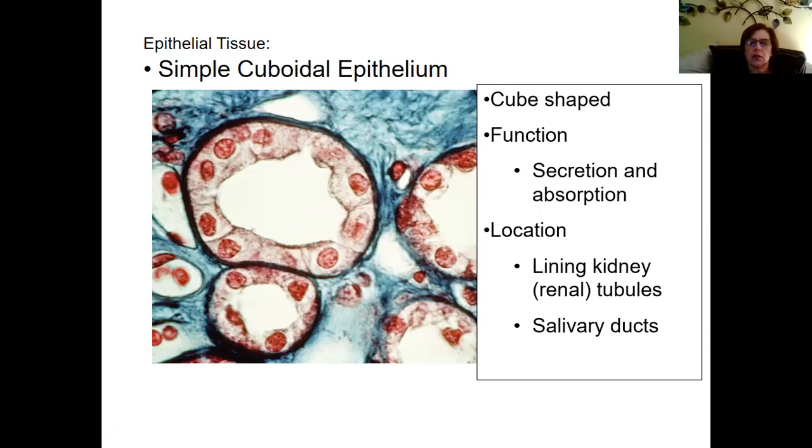So this is also protecting this tubule. What you're looking at here are kidney tubules. So down here for your location, let me just let you catch up on the notes, and then we'll talk about it.